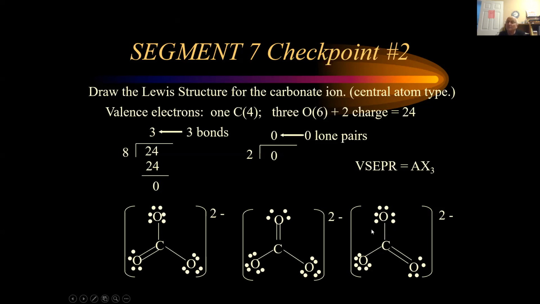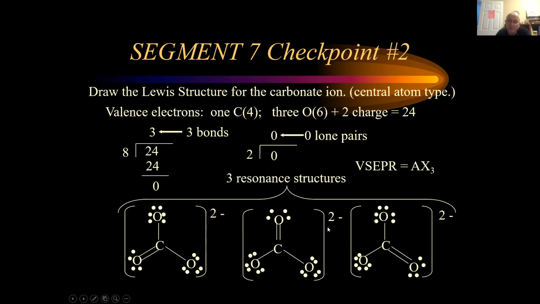So effectively, it's a 1 and 1/3 bond for each one. And so that gives them all exactly the same size, and it stabilizes the structure. When you get to organic chemistry, remember resonance, because resonance is extremely important for organic compounds.